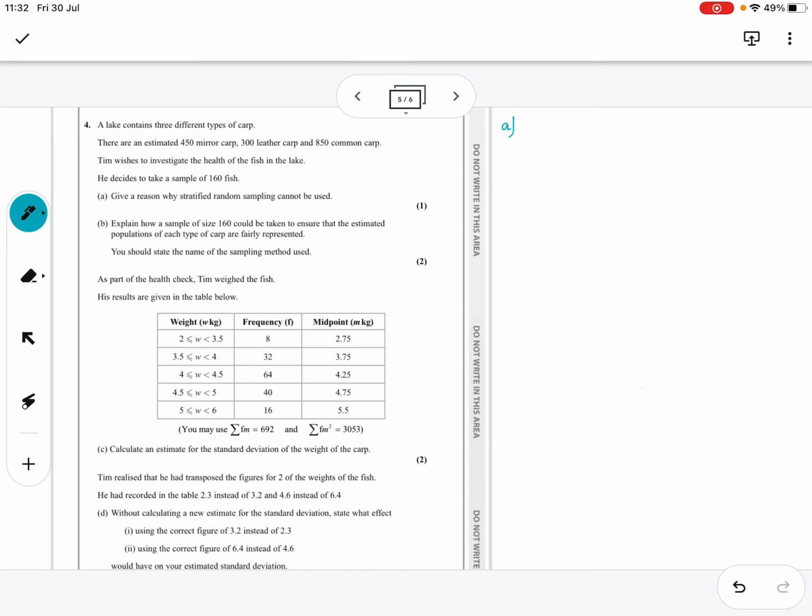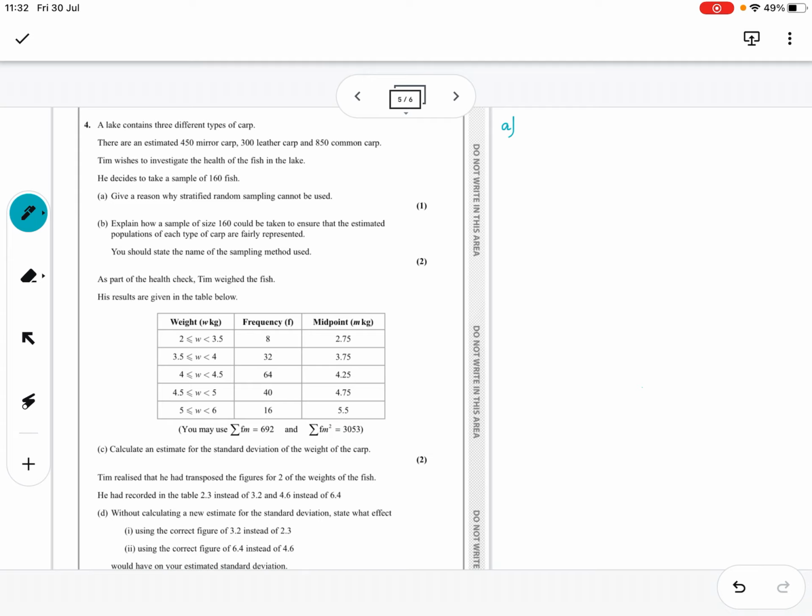To make a random sample, you have to have a sampling frame, as in you've given everybody a number, and then you randomly choose a number, and then you pick that person. These 450 mirror carp will look the same. There is no way you're going to be able to number them, and second to be able to find that one, especially among 450 mirror carp in a lake.